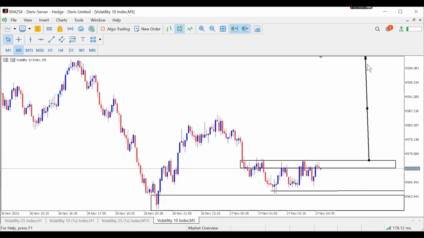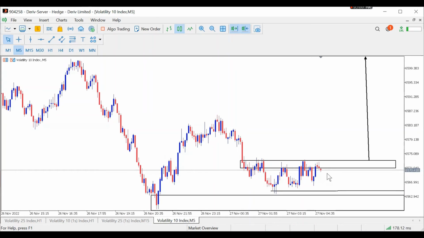Okay, no matter how small the time frame is, if you're scalping, guys, you must not buy at the top and you must not sell at the bottom. You must wait for the market to be at the bottom or to break that resistance, and until that resistance becomes a support, you cannot buy.